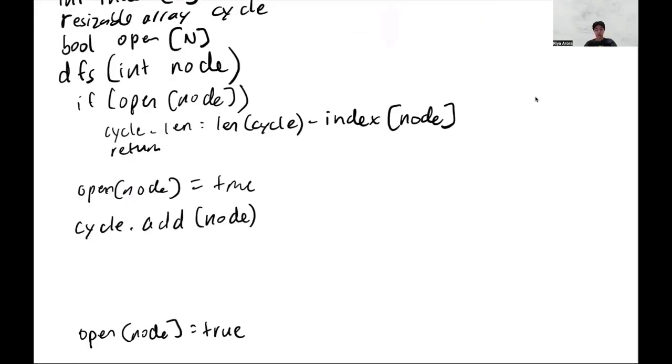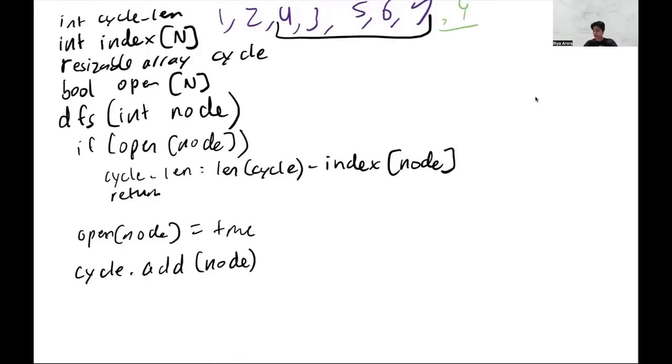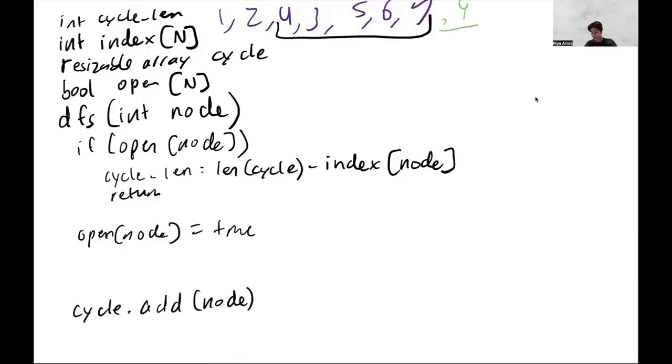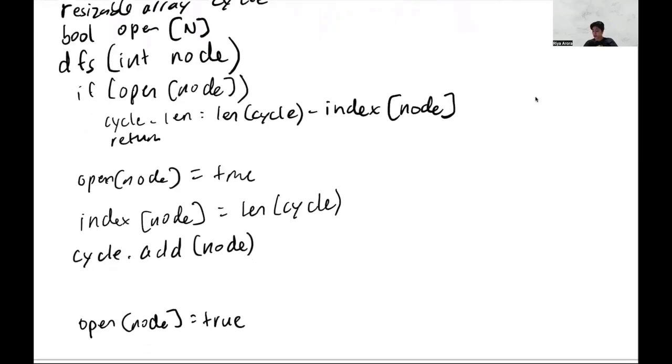Cool. Otherwise, we're going to mark open node equals true. Then we need to set the index that we're going to add it. So index of node is going to equal the len of cycle. Cool. And this will actually take care of everything for us.